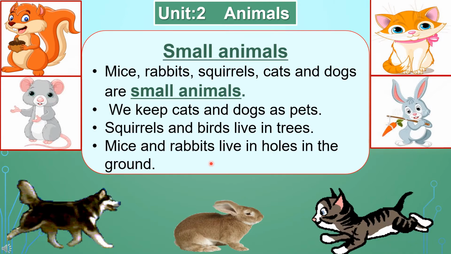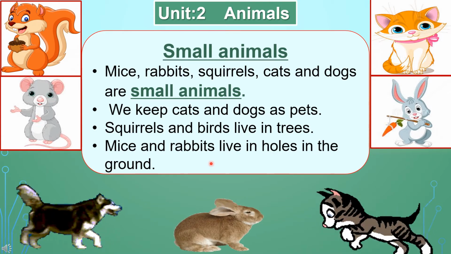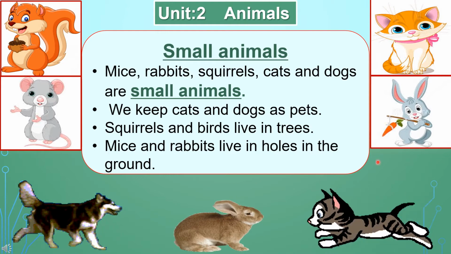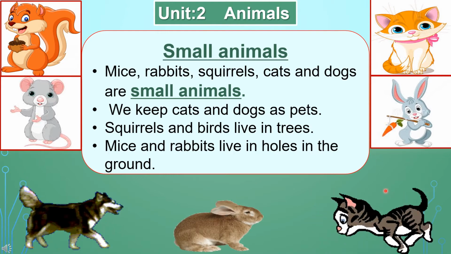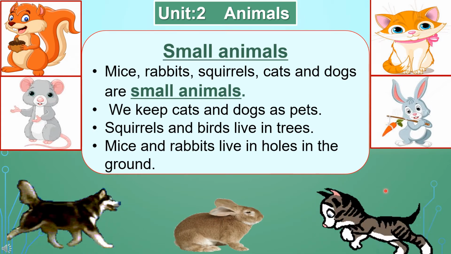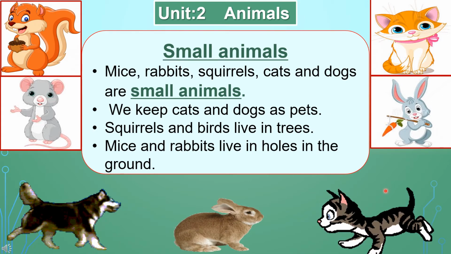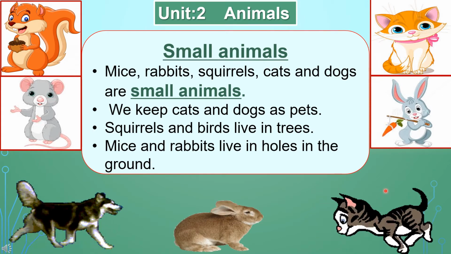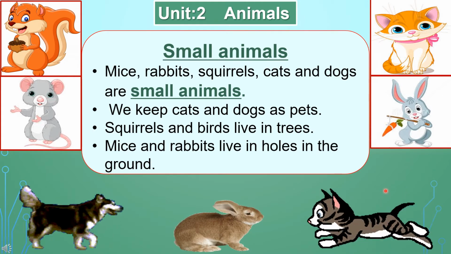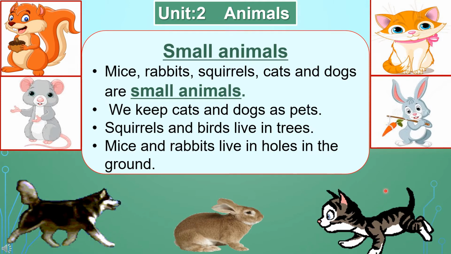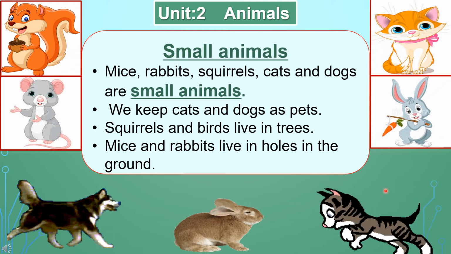Most people or kids like to have cats and dogs as pets at their homes, as they are human friendly. They love to live with us and can live with us easily. They are not harmful for us.